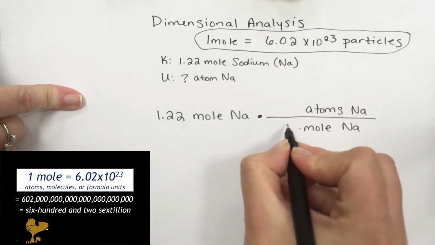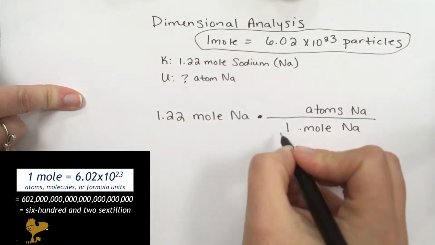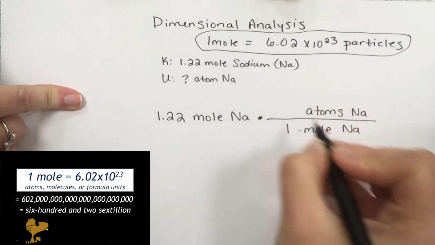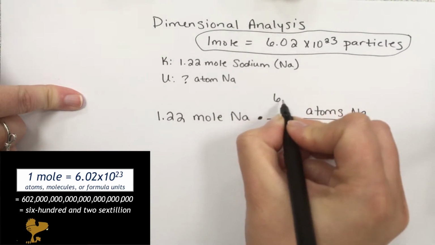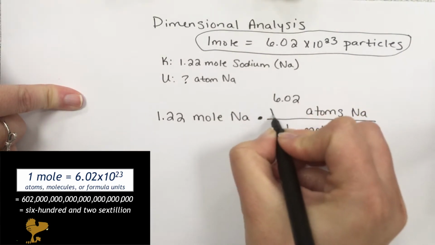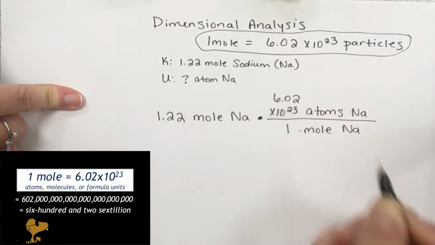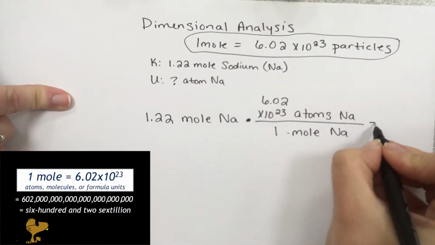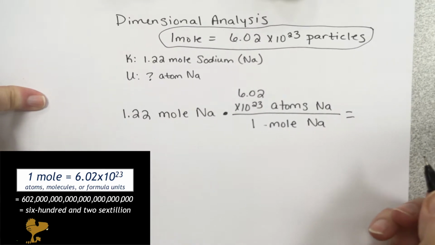So here we have 1 mole, and then this is how many particles we have. I didn't save myself enough room, sorry. So 6.02 times 10 to the 23rd is what I'm writing, okay? And then whatever our answer is, that's our answer.